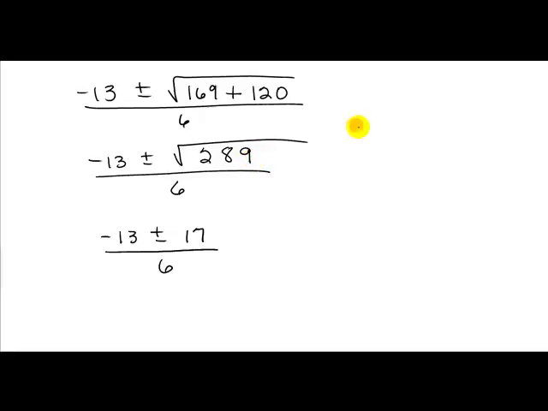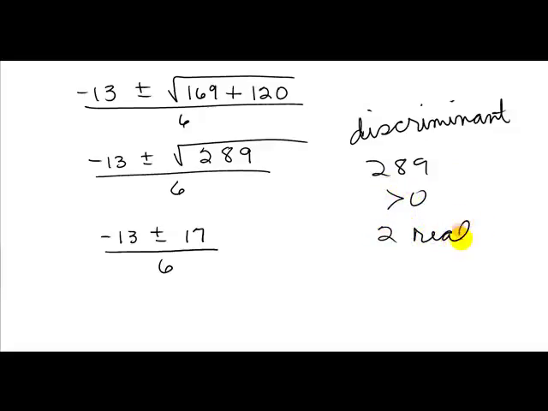Remember our discriminant. 289 is greater than 0, so that means we're going to have 2 real answers. Now remember, real answers can have a radical, they just cannot have an i. Okay, so let's finish this.